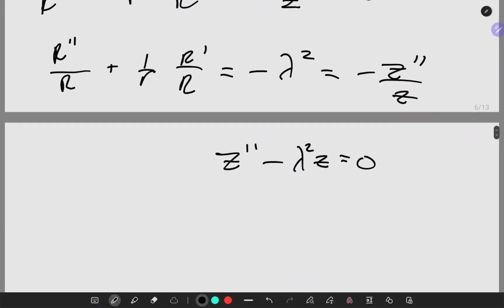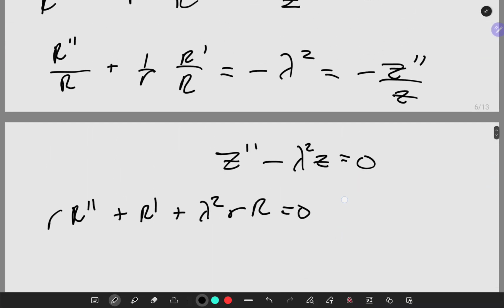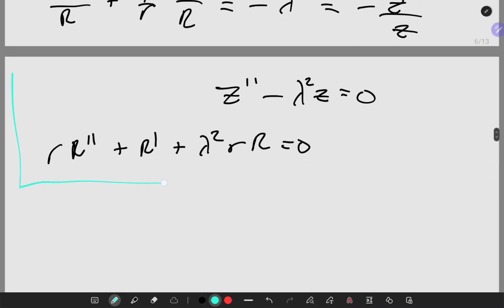And for the other one, multiply everything by big R and by little r. This will be lambda squared, big R little r, or I would prefer to do little r big R. And that is exactly what they have.